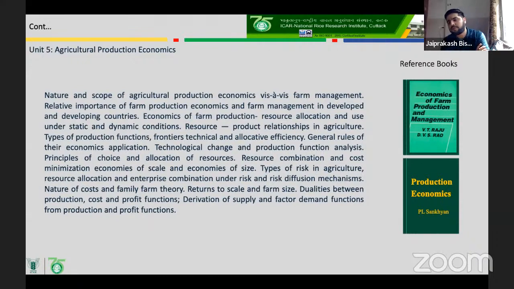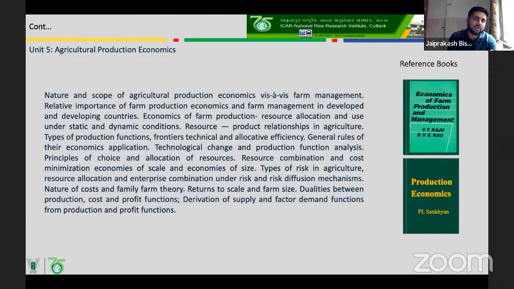These books might be available in your library. I think this book is not available in the market right now, but it would be available in your library. It is also not available on the internet.